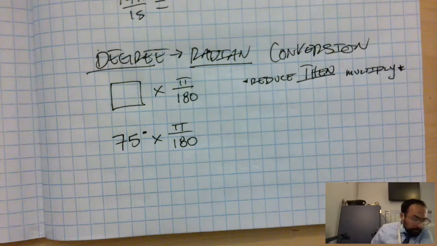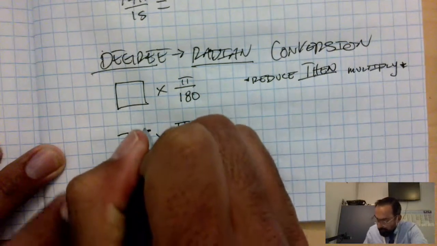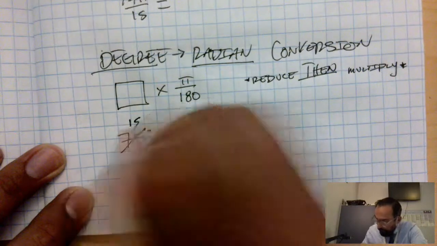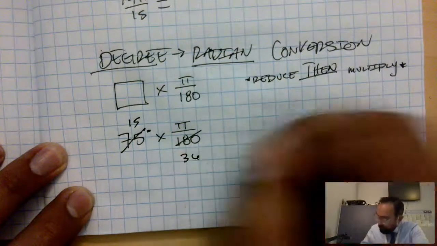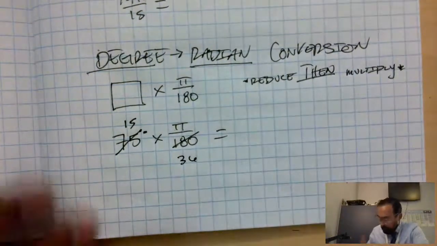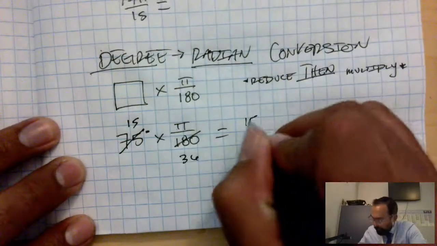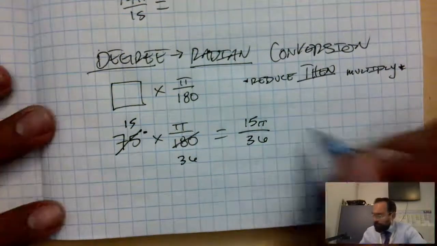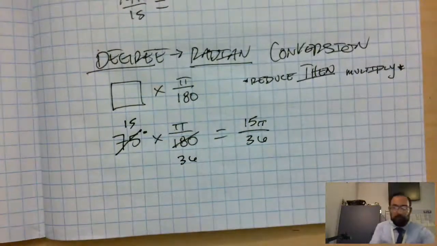Since both of these terms are divisible by 5, we'll divide both of them by 5. 5 fits into 75 15 times, and 5 fits into 180 36 times. So completing this process, I'm multiplying the term on top with pi, so 15 times pi is 15 pi over 36. So in other words, 75 degrees in radians is equal to 15 pi over 36.